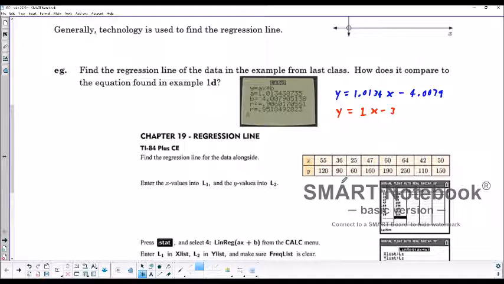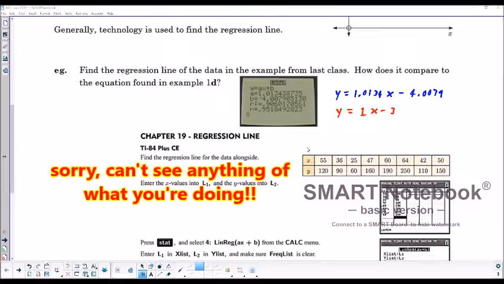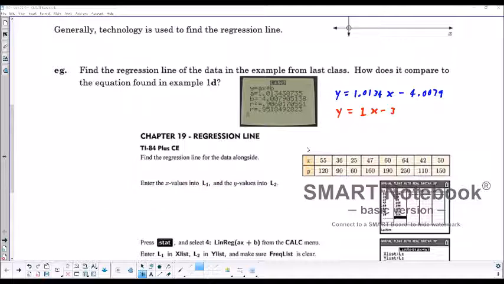Okay, and then if I were to graph this, let's see if I can graph it, turn on the plots, and I will zoom fit this and draw the line.